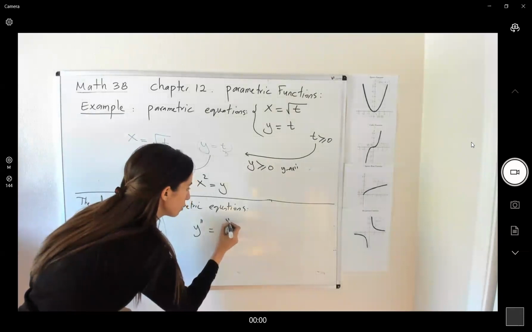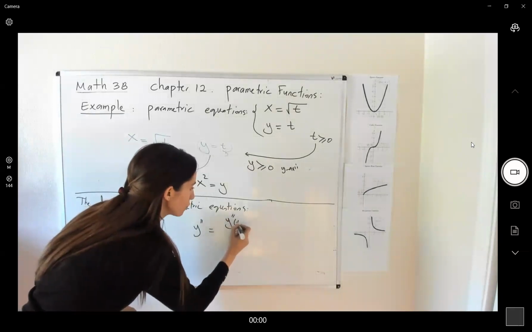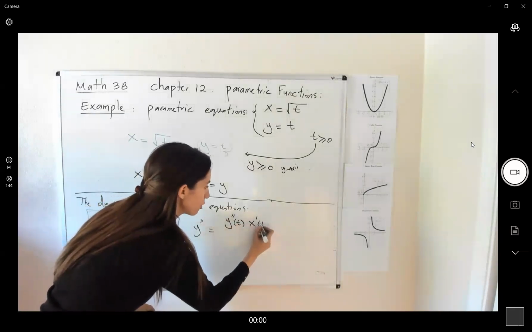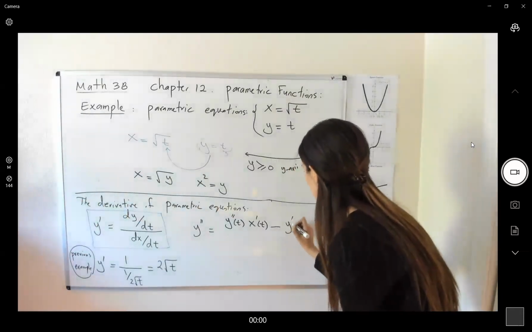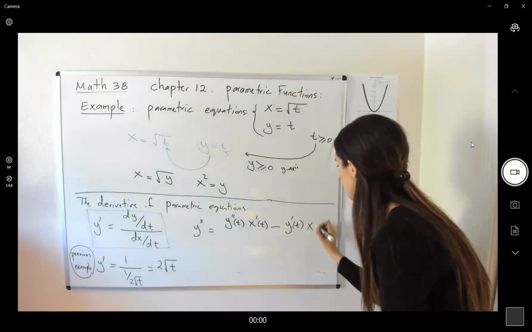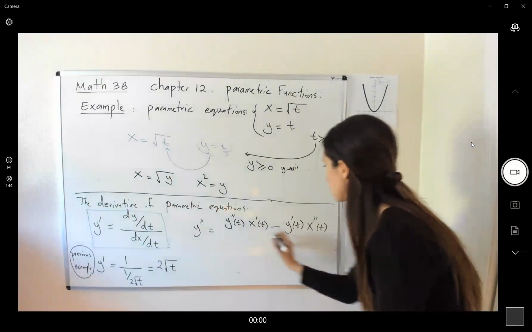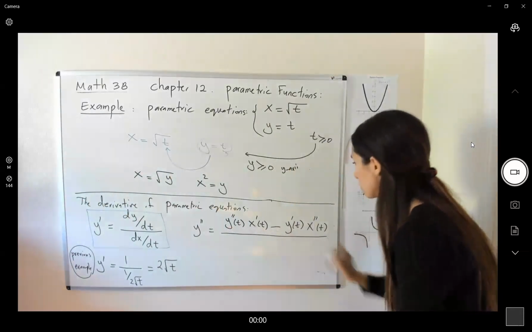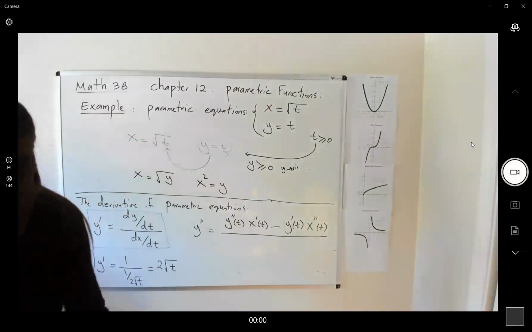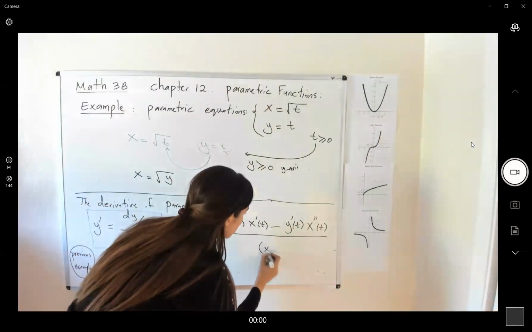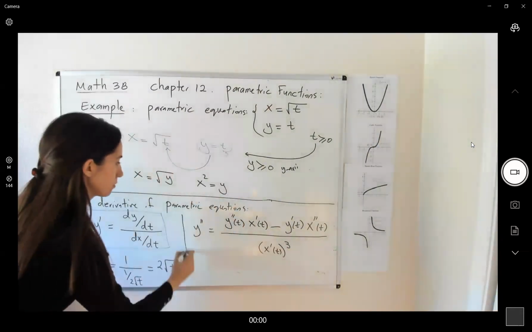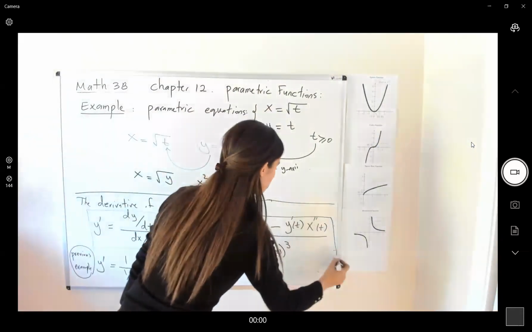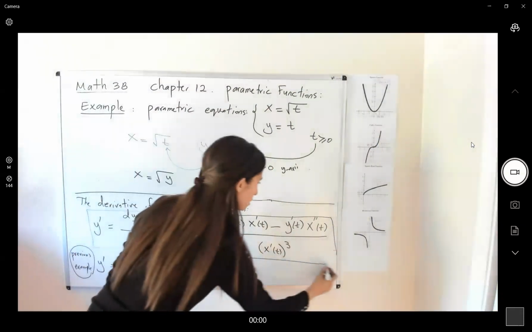The second derivative of y with respect to t times the first derivative of x with respect to t, minus the first derivative of y with respect to t times the second derivative of x with respect to t, divided by the first derivative of x raised to the third power. This is the formula for the second derivative of a parametric equation.